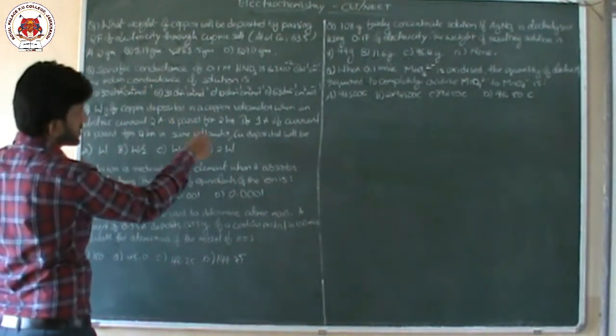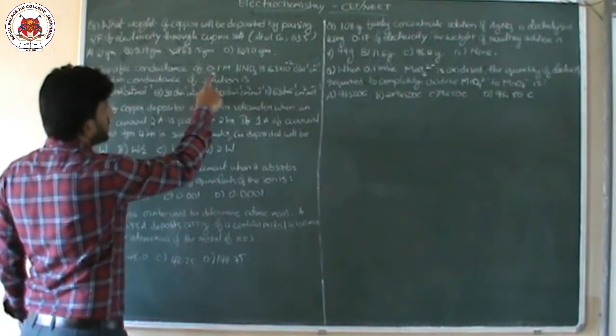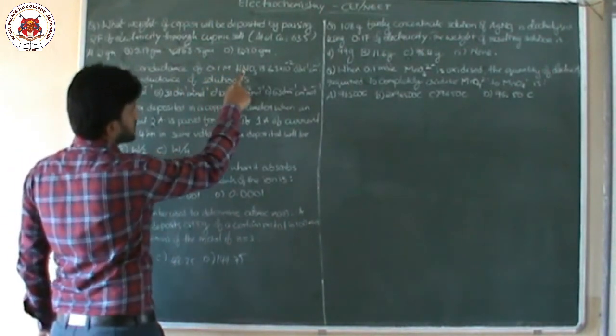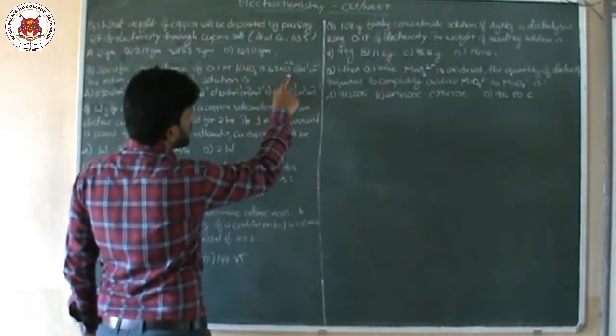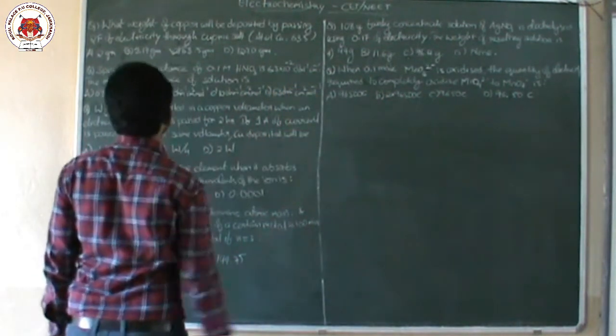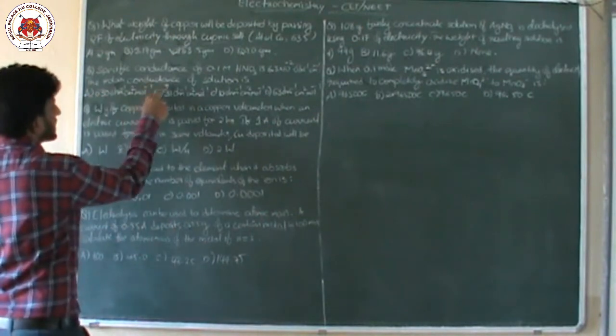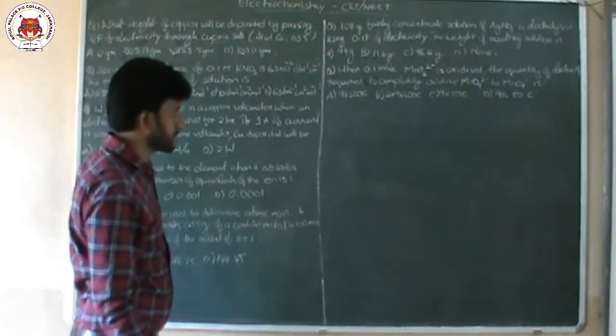Specific conductance of 0.1 molar nitric acid is 6.3 into 10 power minus 2 ohm inverse centimeter inverse. The molar conductance of the solution is.